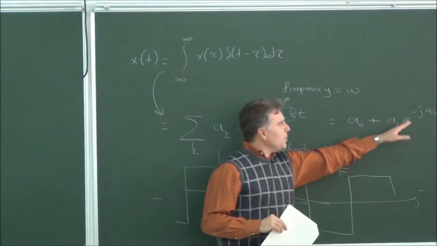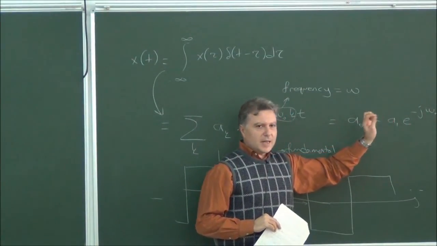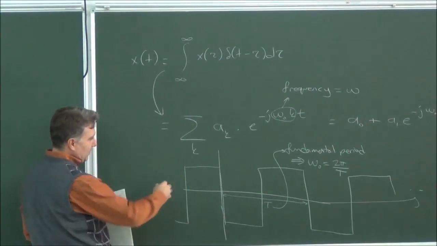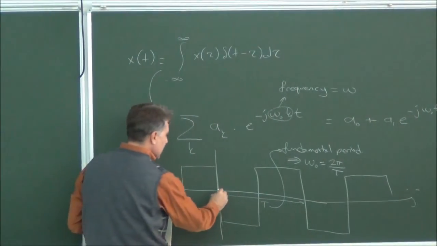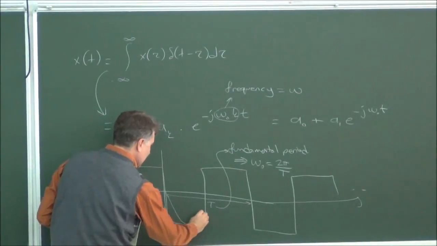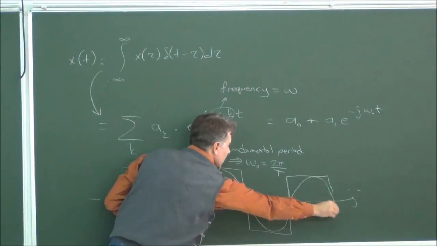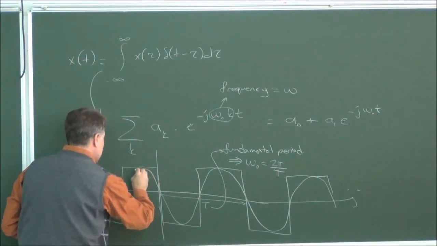This e to the minus j omega 0 t is a sinusoid with frequency omega 0. So for this particular case, it looks like a sinusoid like this. This is the sinusoid.